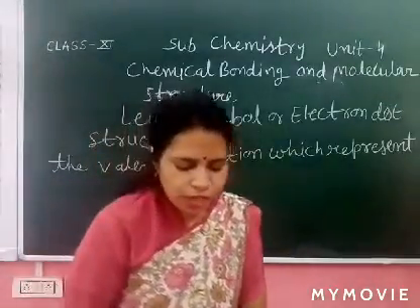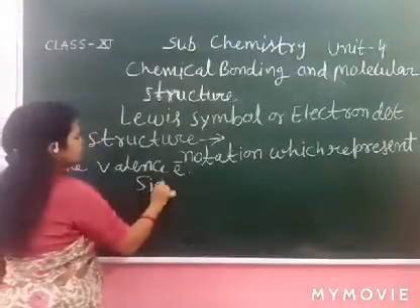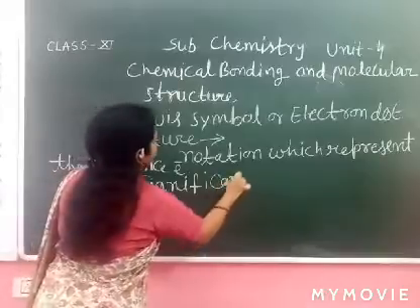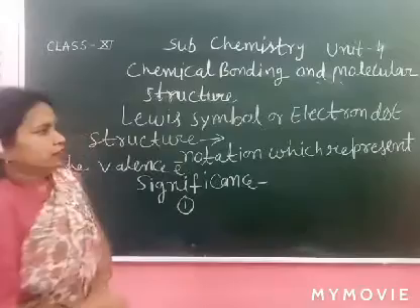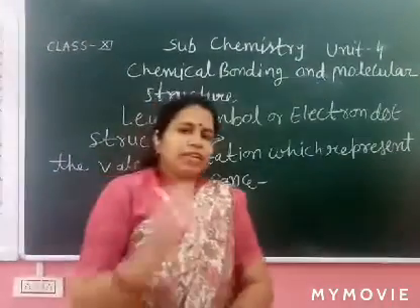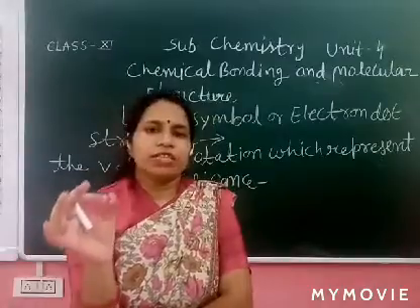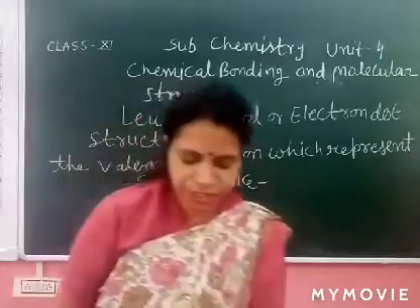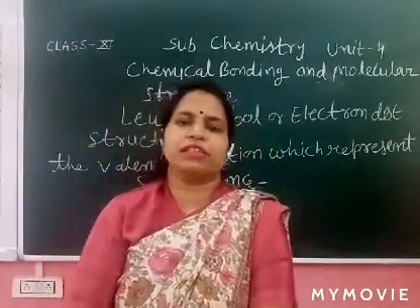Now, what is the significance of the Lewis symbol? What is the importance? First, by seeing the Lewis symbol, we can explain the valence electrons of that atom. So first point, the Lewis symbol indicates the number of electrons in the outermost shell.